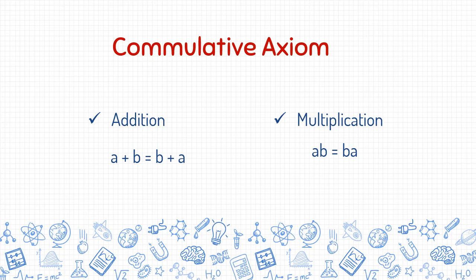Also in multiplication, A multiplied by B is equal to B multiplied by A. Example, 1 plus 2 is also equal to 2 plus 1, since 1 plus 2 is 3 and 2 plus 1 is also 3. In multiplication, 1 times 2 is 2 and 2 times 1 is also equal to 2.